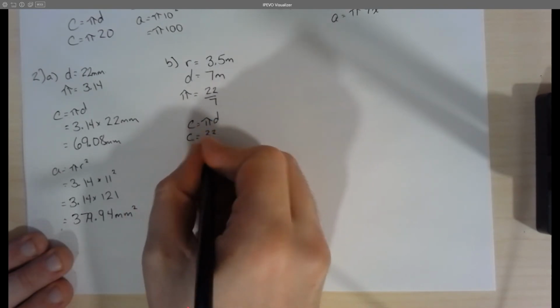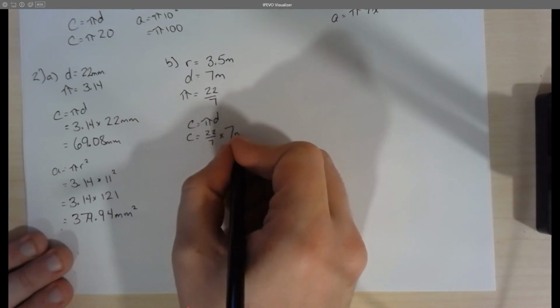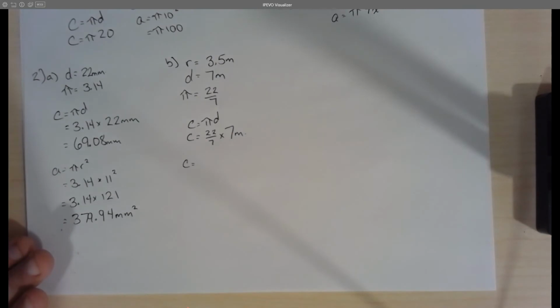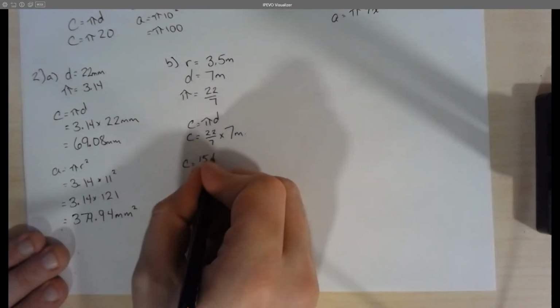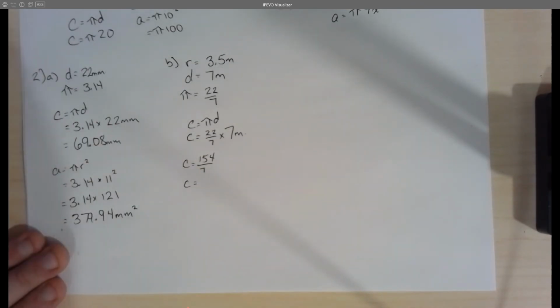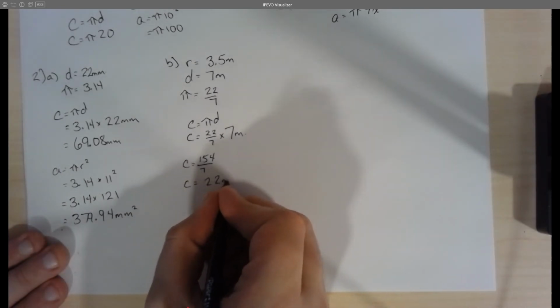Circumference equals 22 over 7 times diameter, which is 7 meters. In other words, circumference equals 22 times 7, which is 154 over 7, then divide that by 7, circumference equals 22 meters.